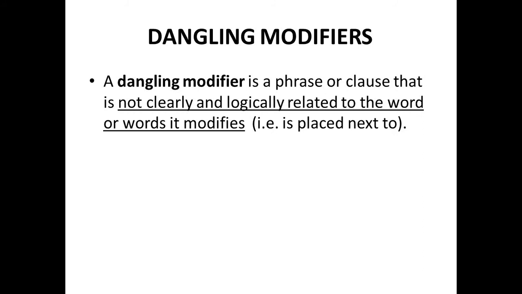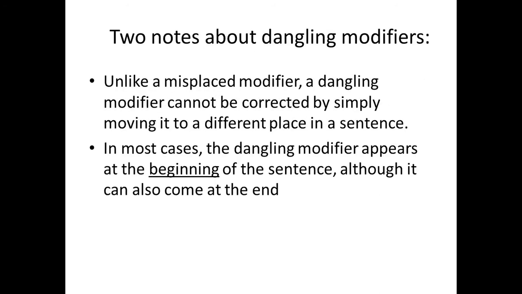So now, dangling modifiers. A dangling modifier is a phrase or clause that is not clearly and logically related to the word or words it modifies. We'll see an example shortly, but two notes about dangling modifiers.